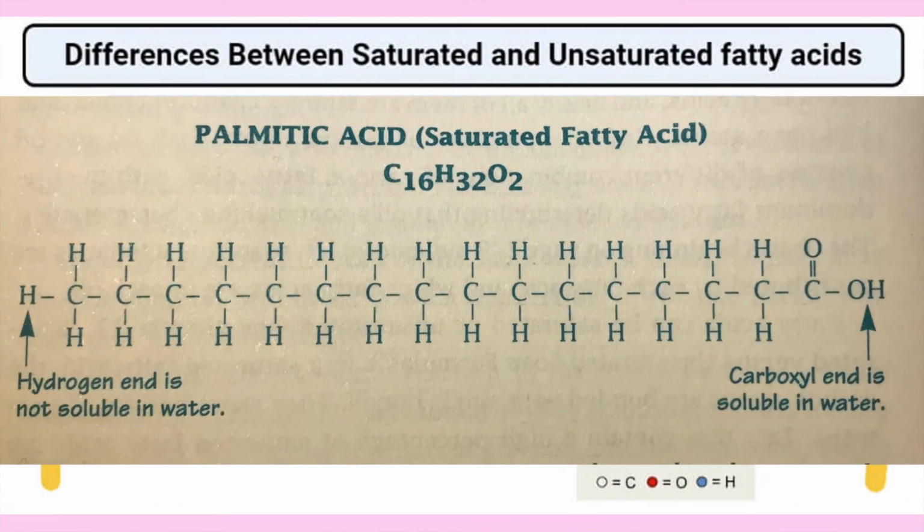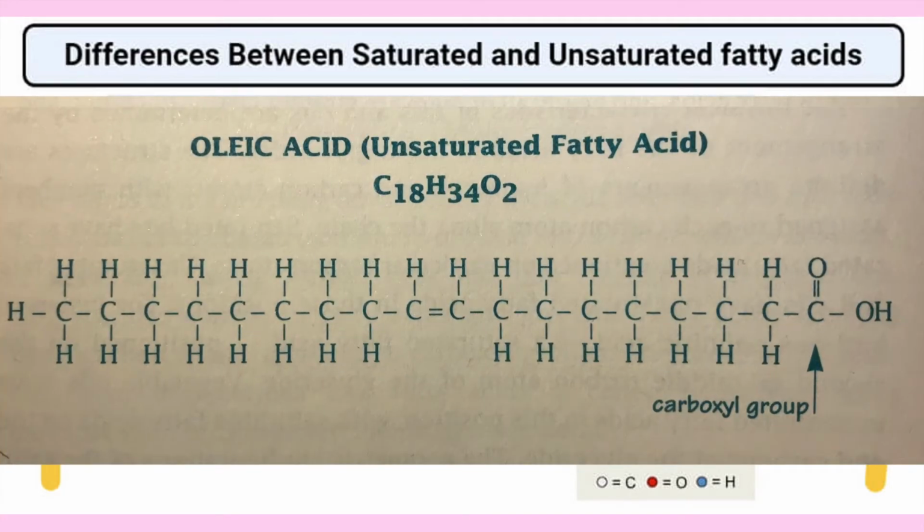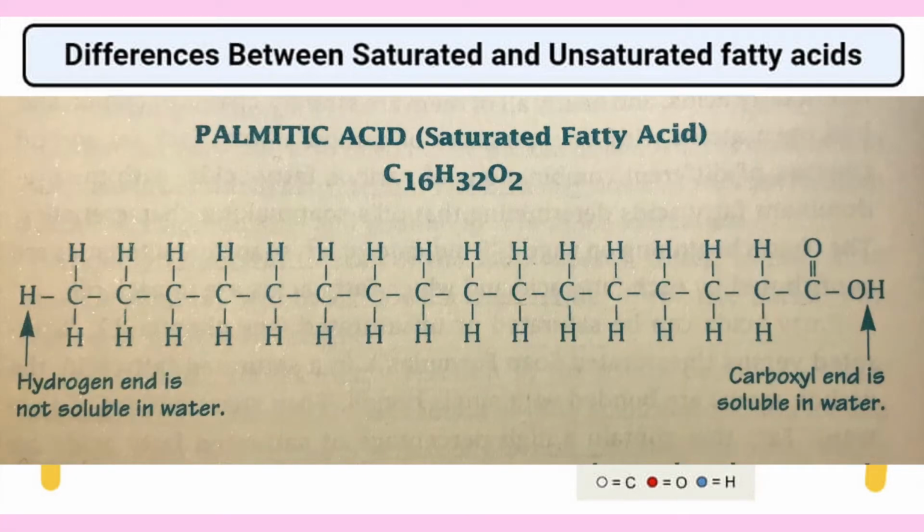Here we have an example of a saturated fatty acid and its molecular structure. This one is from palmitic acid, and this one is from oleic acid, which is an unsaturated fatty acid. Fatty acids consist of hydrocarbon chains, which are not soluble in water, and a carboxyl group at the end, which is soluble in water, as we can see in this picture.